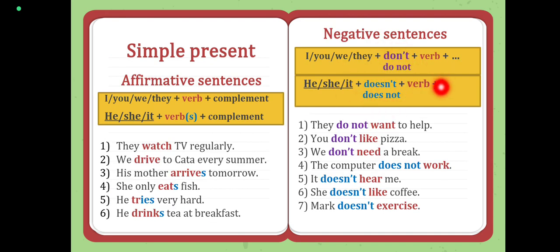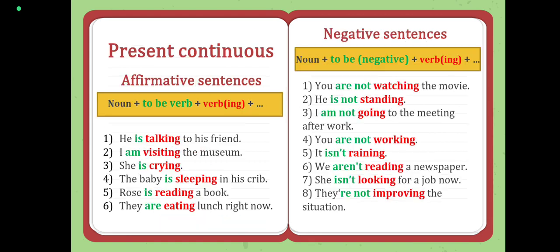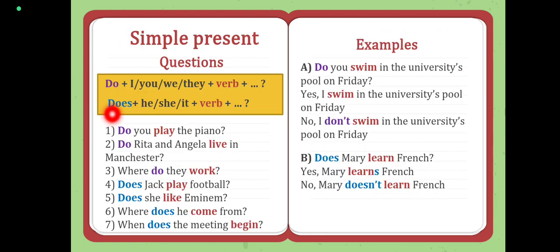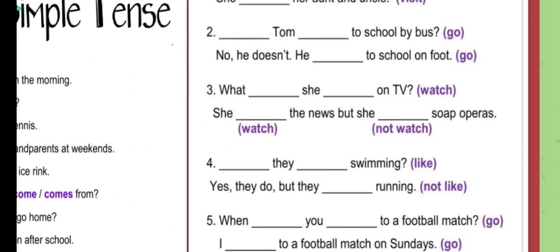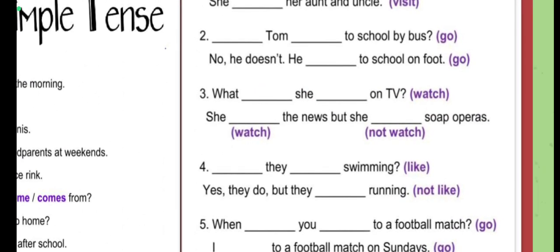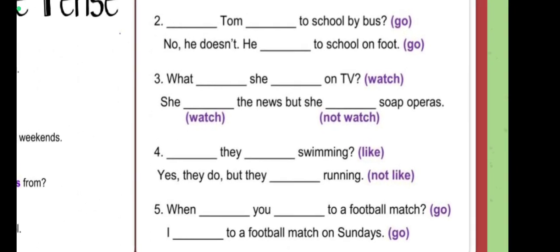In this case, don't, doesn't for questions, do or does. In this case, we have she, so we use does. Does plus verb in basic form. For example, does she like? Does she watch on TV?